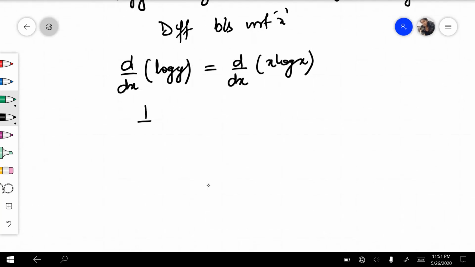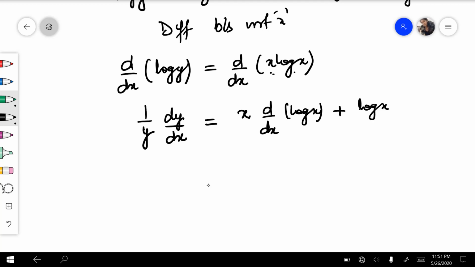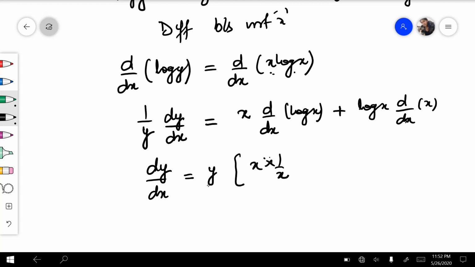Log y का डिफरेंशिएशन 1 upon y into dy upon dx is equal to दो टर्म्स का मल्टीप्लिकेशन है तो प्रोडक्ट रूल फर्स्ट फंक्शन into differentiation of second plus second function into differentiation of first, which gives you dy upon dx is equal to y into x और log x की differentiation 1 upon x plus log of x और x की differentiation 1.